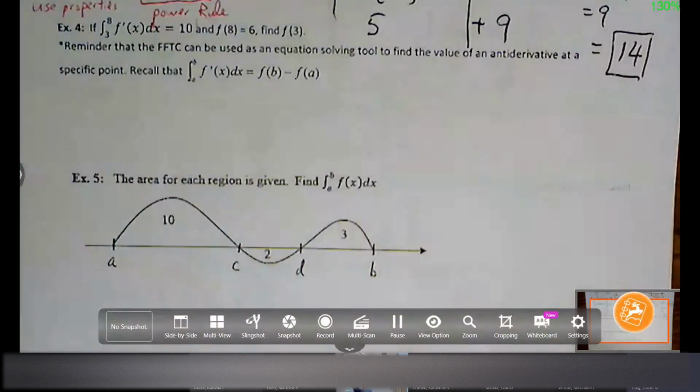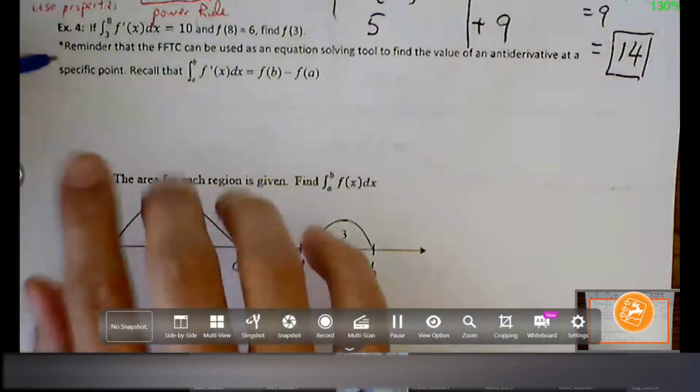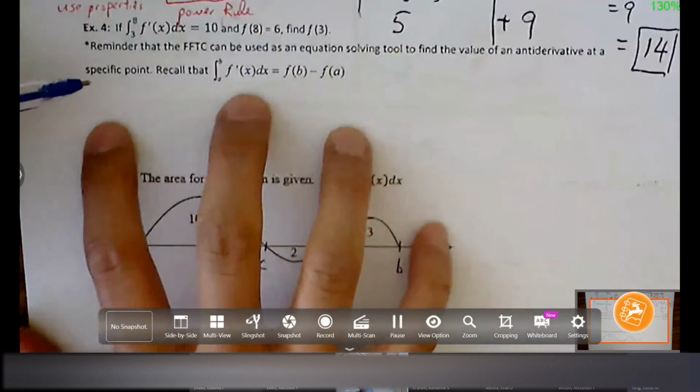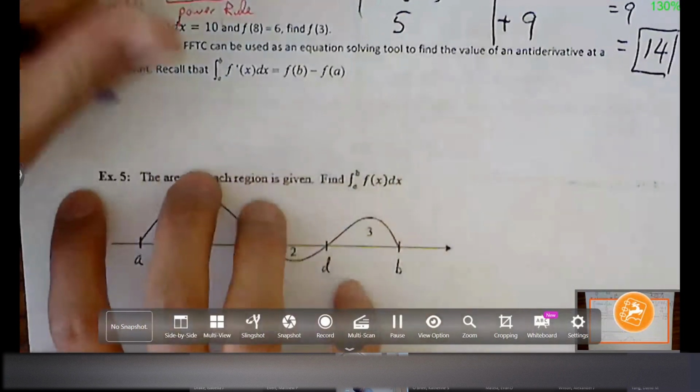It says we have the definite integral from 3 to 8 of f prime equals 10, f of 8 equals 6, and we want to find f of 3. There's the reminder that SFTC, that's just first fundamental theorem of calculus, can be used as an equation solving tool to find the value of the antiderivative at a specific point. So let me write the first theorem again. I'll put this below.